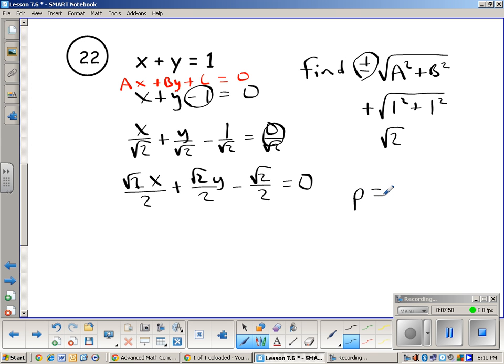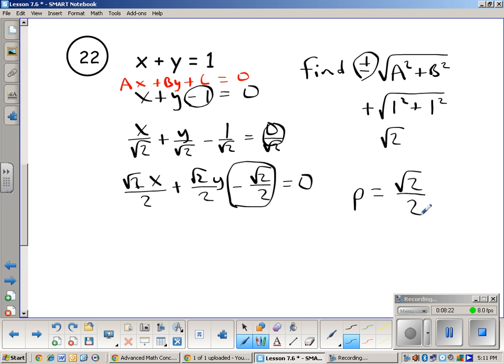And so how long is our normal? Well, our normal is p, which is this number. Now this is a negative, but we're asking for the length. And so we're really thinking of this as the absolute value of p. They don't write it that way, but it's understood we're looking for a length. And so p is really just the square root of 2 over 2.